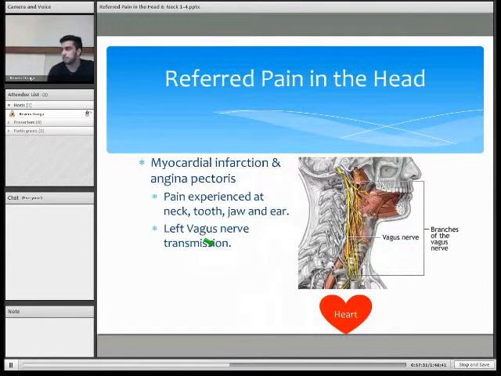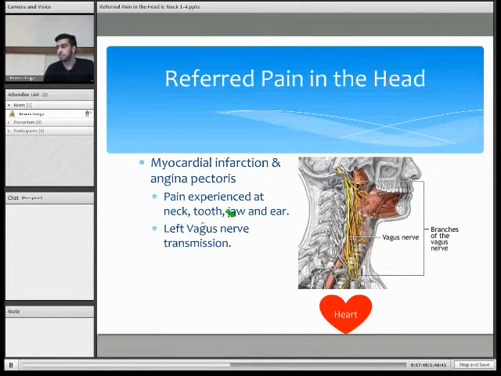We're going to talk a little bit about referred pain from an MI and angina pectoris. The pain people generally experience during an MI is obviously in the chest, but commonly people refer the pain into their ear, around their face and in their jaw.